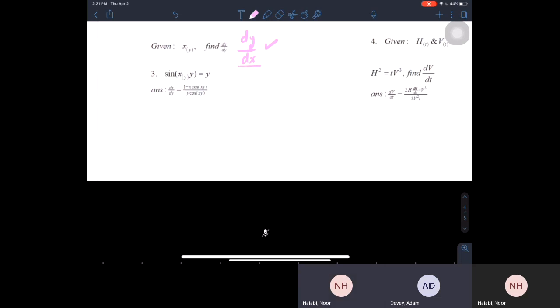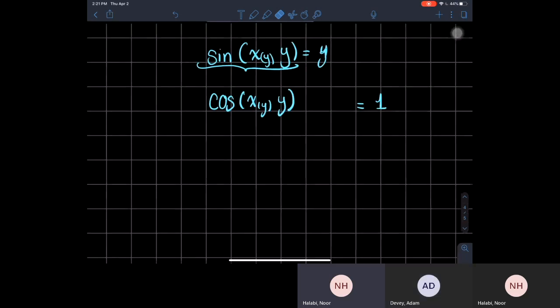Right, but it's asking us to find how x changes with respect to y, but now we're doing dx dy. Yeah, there's just some switch. So now when we're doing implicit differentiation, it's actually the x that's gonna give me the dx, the dy dx.